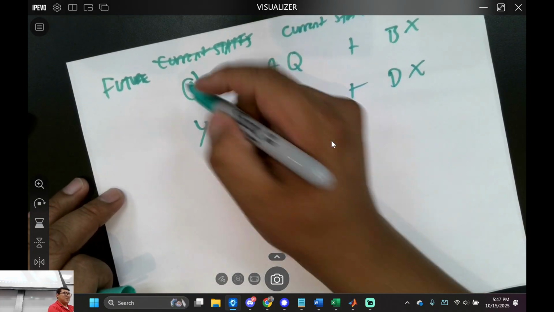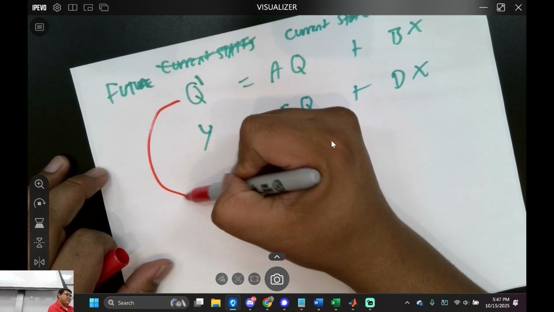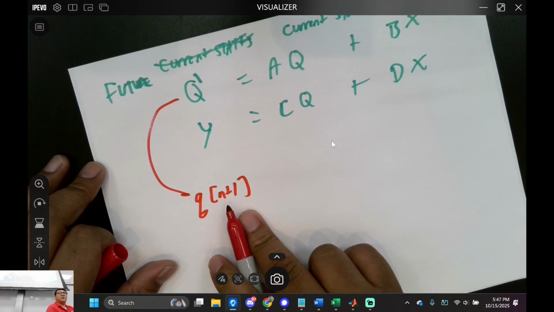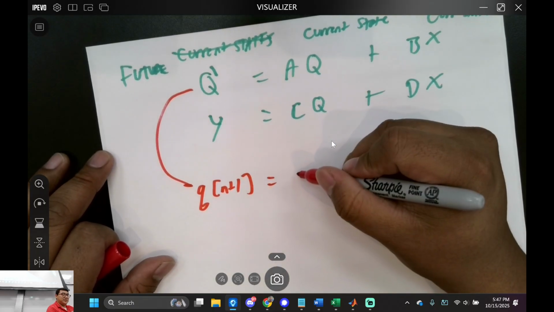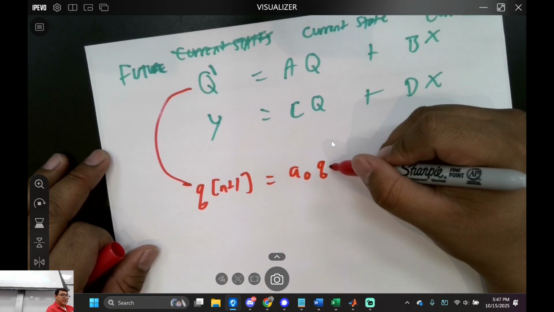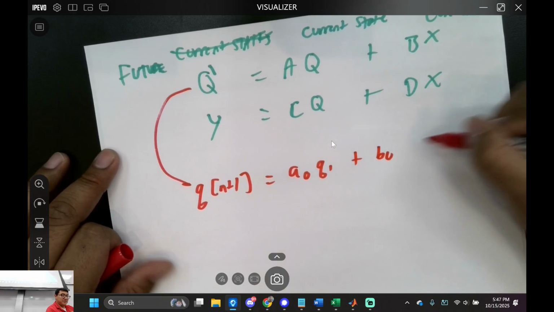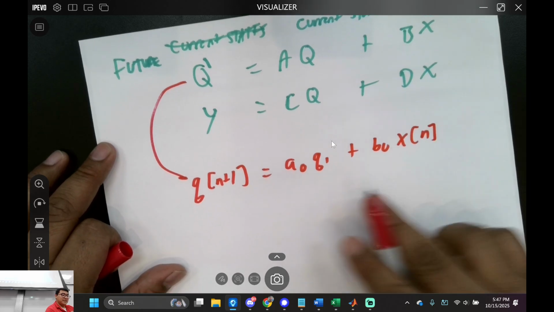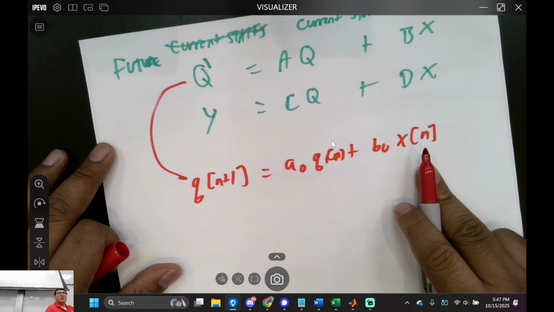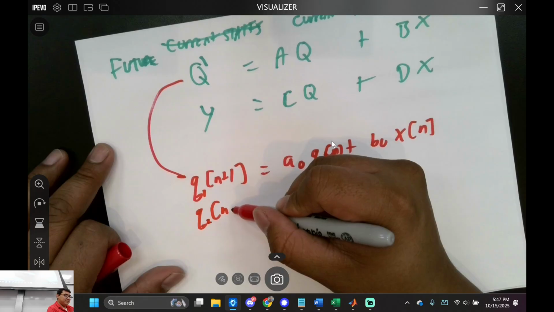So in MATLAB, you could have honestly done this, where if you guys did it on your assignments, Q of n plus 1, you're going to figure out how to arrange that array, right? Is equal to A0, Q of 1, and then plus whatever B0, I'm just creating some numbers, x of n. Does that make sense? You could have done a brute force way like this. Q1, Q2, right?